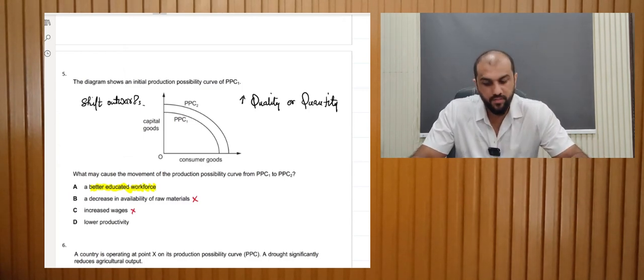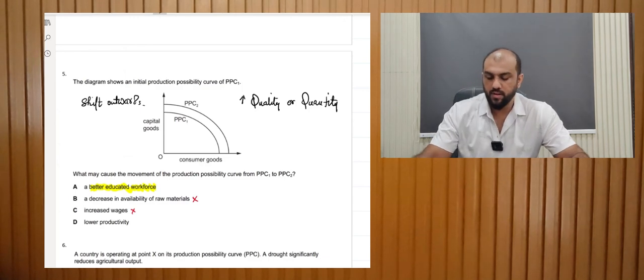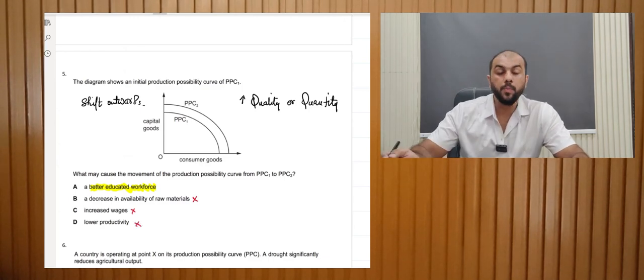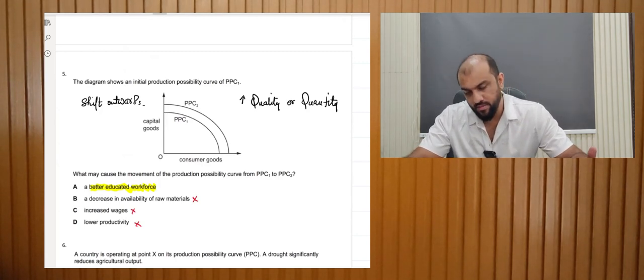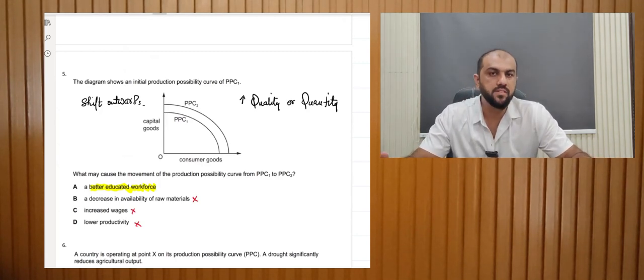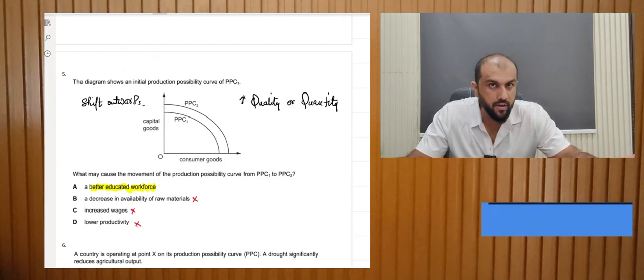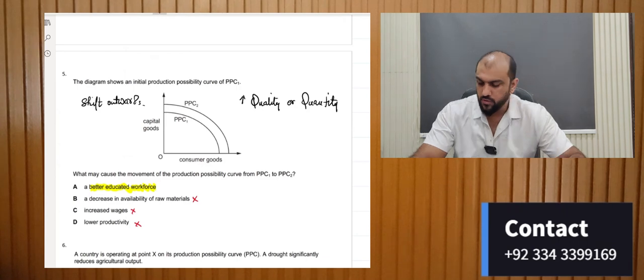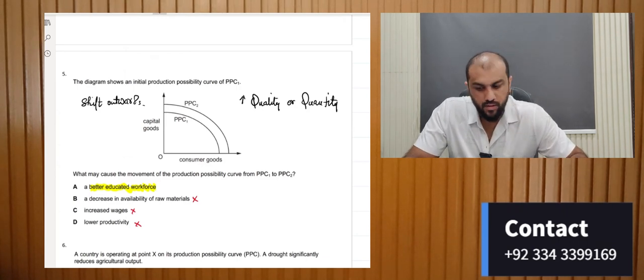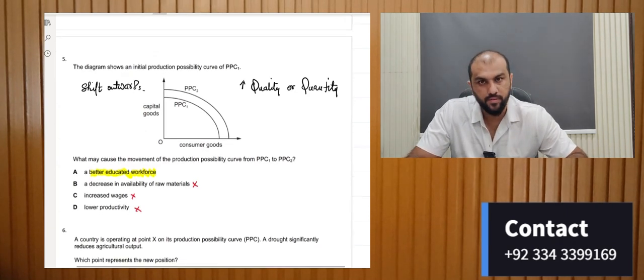Students think wages would affect PPC. Lower productivity would shift the PPC inwards because it is reducing the quality of labor. However, if it mentioned increase in productivity, the PPC would have shifted outwards, and this would also have been a correct answer. So in the given circumstances, only A is the right answer.